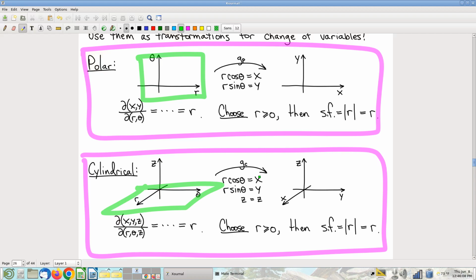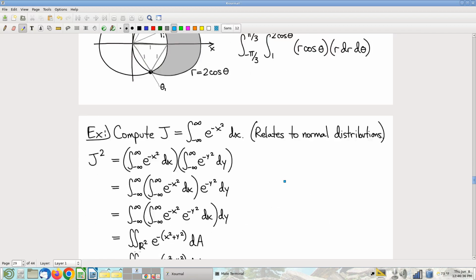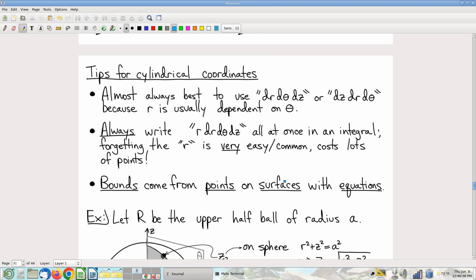With the same equations. And the only difference is that we're keeping track of a z coordinate as well, in which z is just z. So cylindrical coordinates is so much like polar coordinates, and very little is different. The main differences are that it's three-dimensional instead of two-dimensional. Oh, and of course, notice as well, same stretching factor. So really, really similar. So I'm going to only do one example here in cylindrical coordinates.